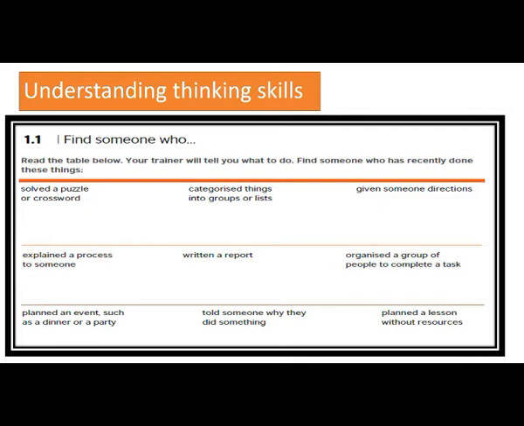And as you know, all of these actions are thinking skills: solve a puzzle or crossword, write a report, organize a group of people to complete a task, give someone directions, explain a process to someone. All of these are thinking skills. So that's the first activity.